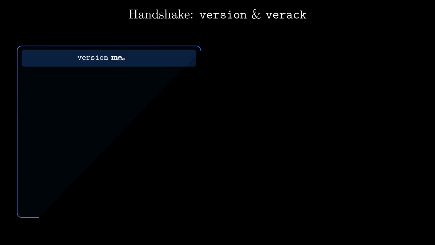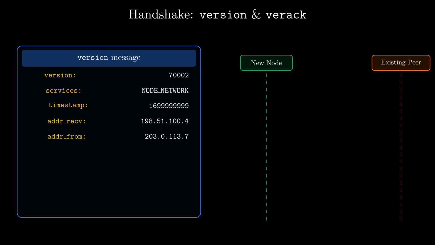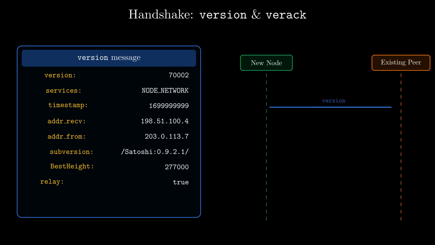Once the TCP socket is open, the two nodes perform a handshake, a structured introduction. The new node sends a version message containing 8 fields: the protocol version it speaks, a services flag advertising what it can do, the current timestamp, the remote IP it's contacting, its own local IP, a subversion string identifying its software like /Satoshi:0.9.2.1/, its BestHeight, the height of the tallest block it knows about, and a relay flag indicating whether it wants transaction broadcasts.